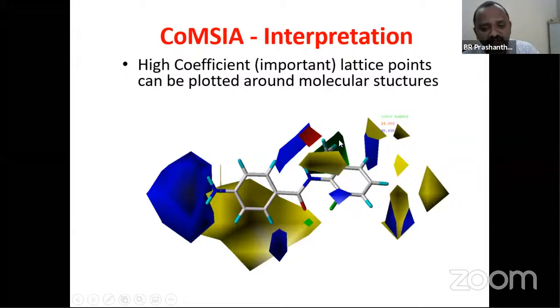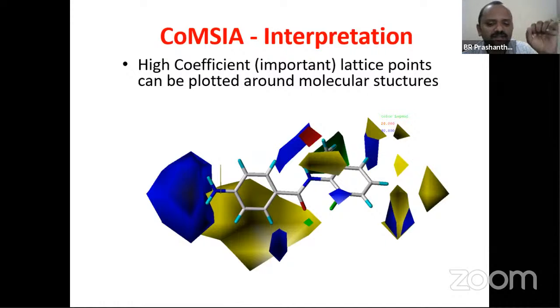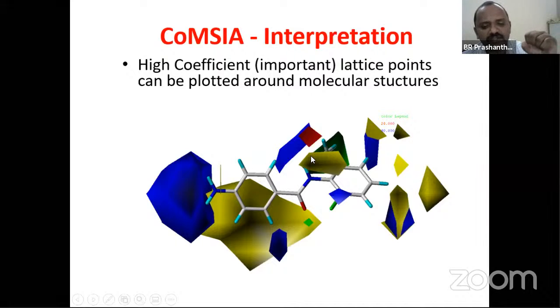That means where there is a green contour, if you extend the structure further, it will increase the activity of that ligand. Where there is yellow, we should not increase the bulkiness. Likewise, where there is a blue contour, electronegativity will be favored, and where there is a red contour, electropositivity will be favored.